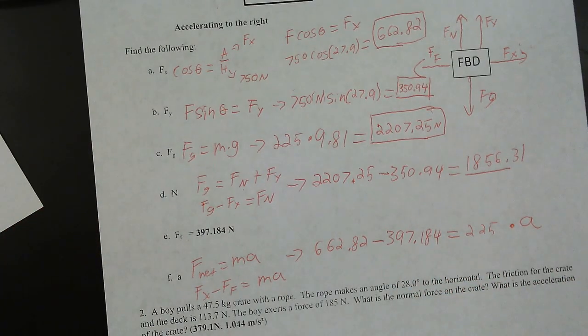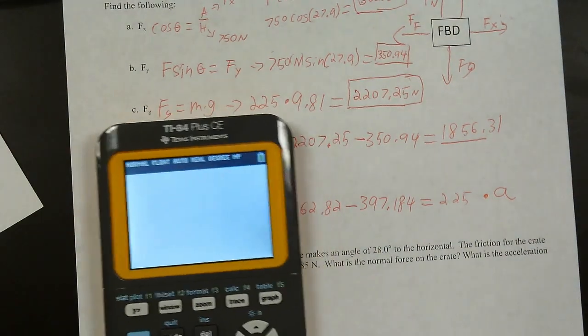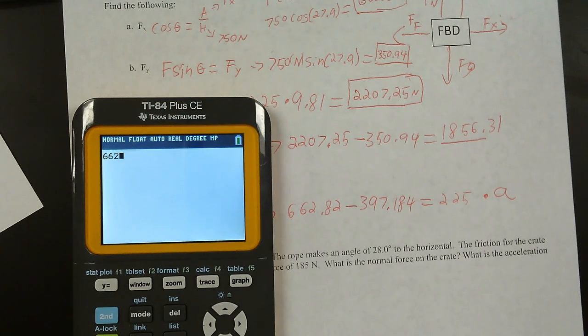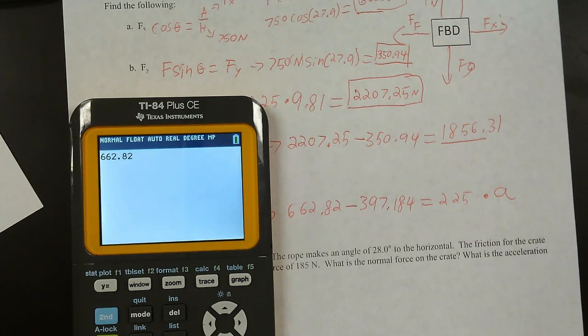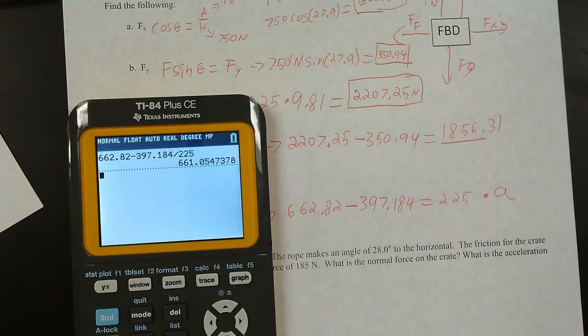And while I do this, I'm going to take this as an opportunity to show you a mistake you are probably making in the calculator. So if I just put this in directly, 662.82 minus 397.184 divided by 225 gives me an acceleration of 661.